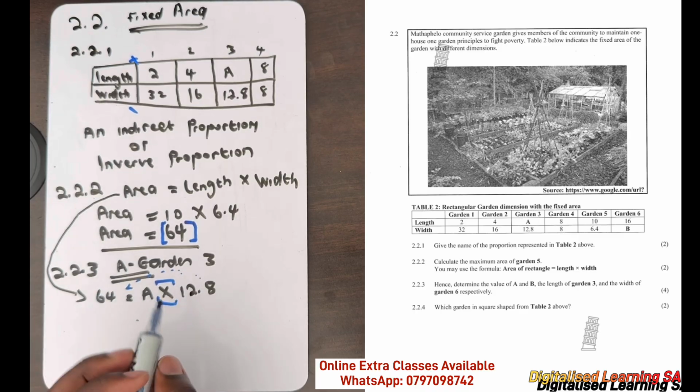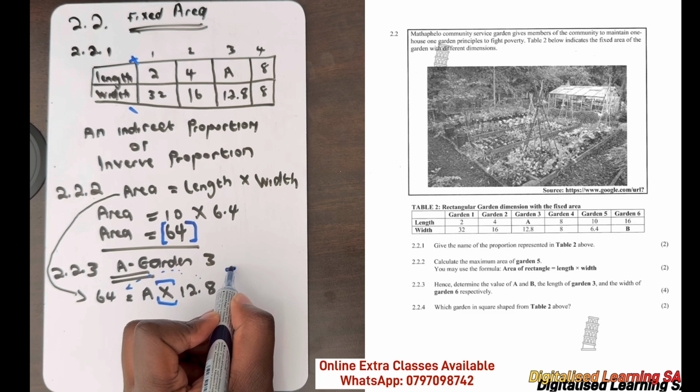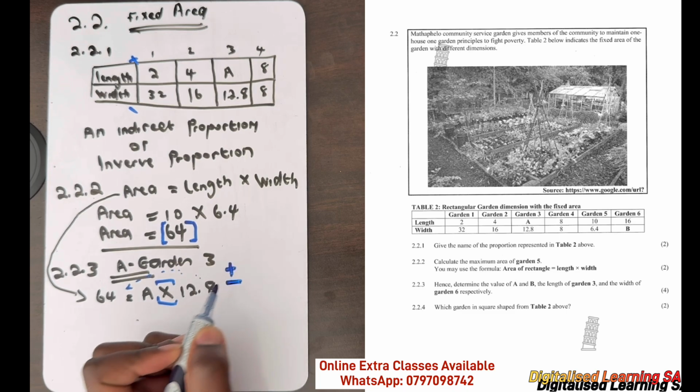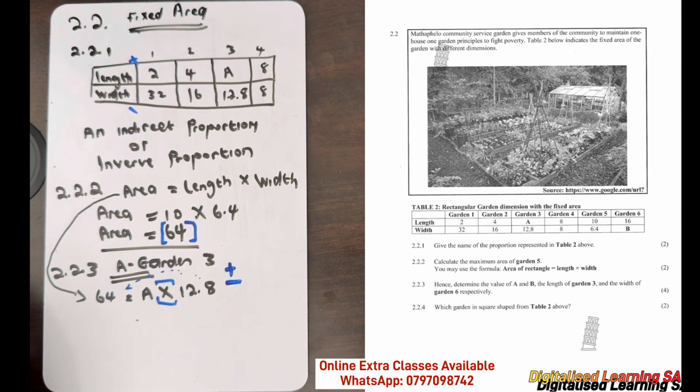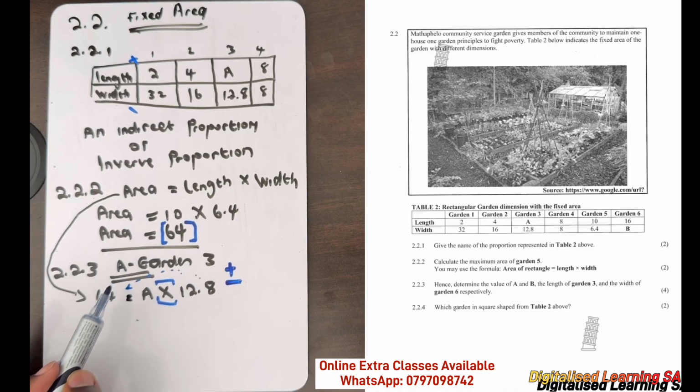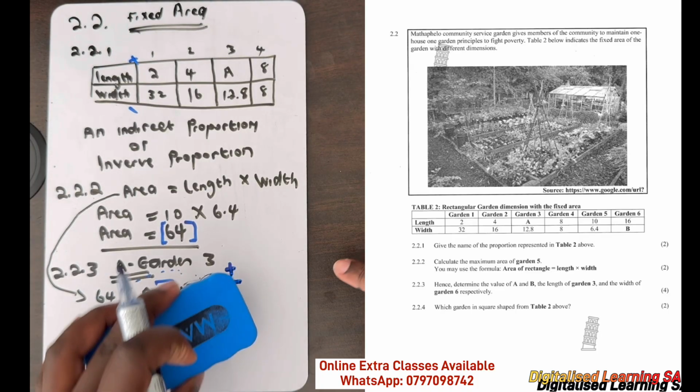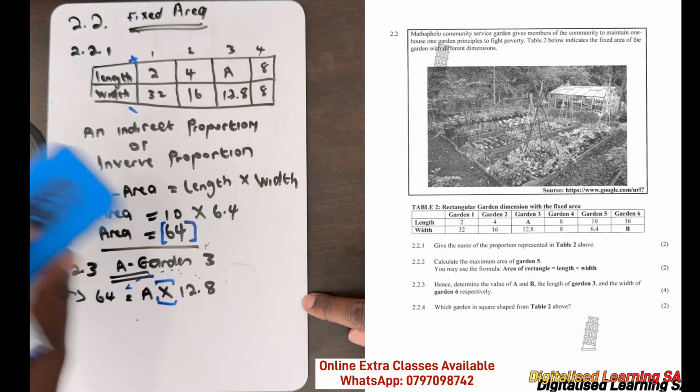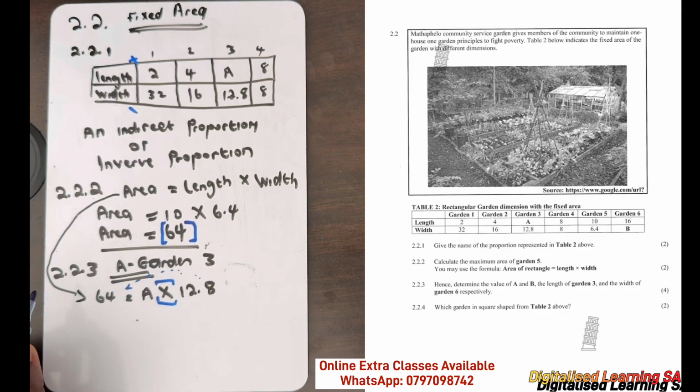But if it was an addition or a subtraction, we're going to take the 12.8 to the other side, and when it comes to the other side, it will change its sign. But that won't apply here because in the middle we have a multiplication sign.